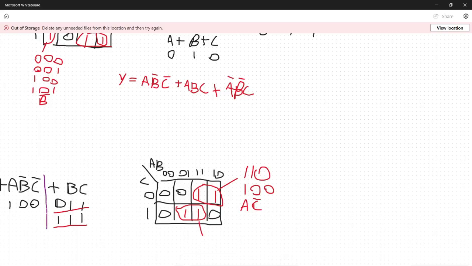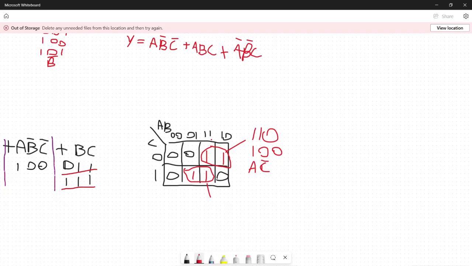And then this is going to be 1, 1, 0, and this is going to be 0, 1, 1. Oh, also, I made a mistake. My bad. This is going to be 0, 0, 1. So you notice A is changing here, but B and C remain the same. So our final expression is X equals AC̄, plus BC.